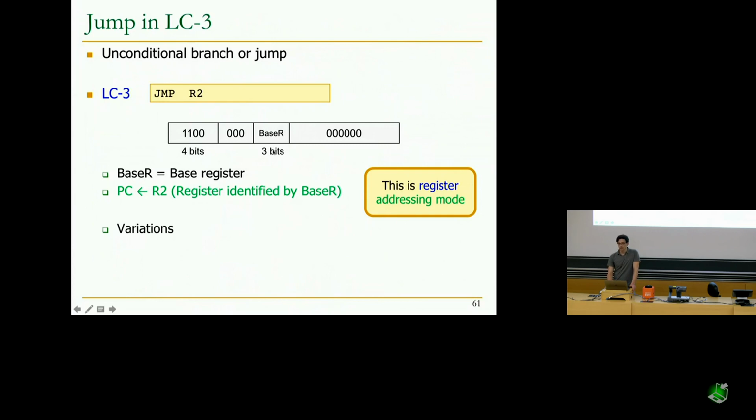And then we also have some variations. For example, RET, that means return. This is a special case of jump where the base register is R7. We are going to use this RET, or this return instruction, when we want to return from a subroutine. So think about a program, you're executing your program, and at some point you want to call a function that is called add array or reduce array or something like that.